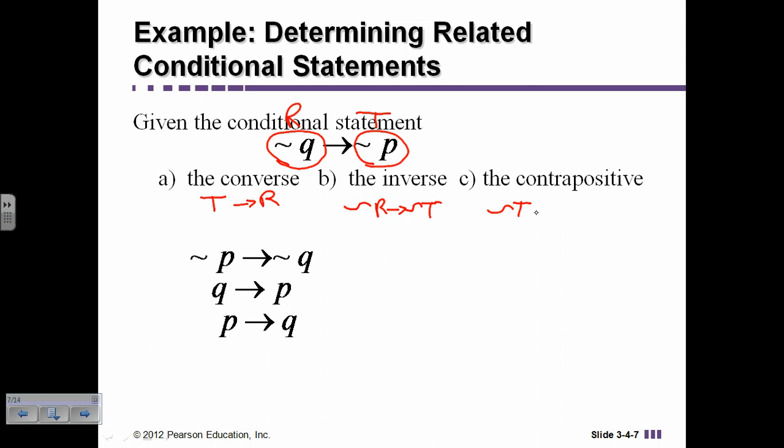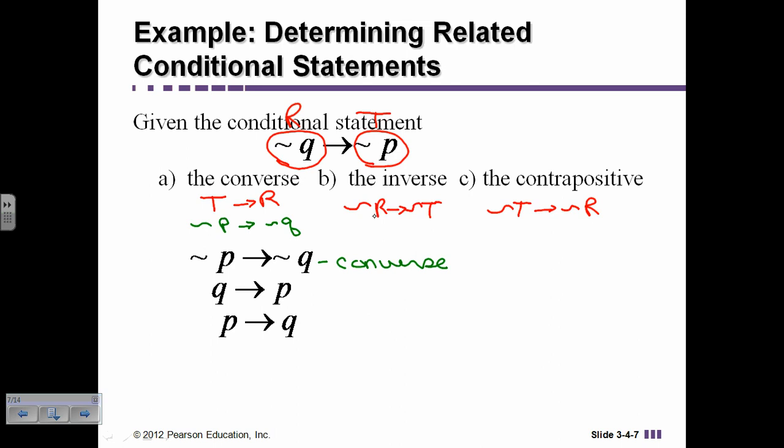So we would have not T implies not R. Now if we go back to what we had, T was not P and R was not Q. So if I wanted the converse, I would have not P implies not Q. That's my converse.